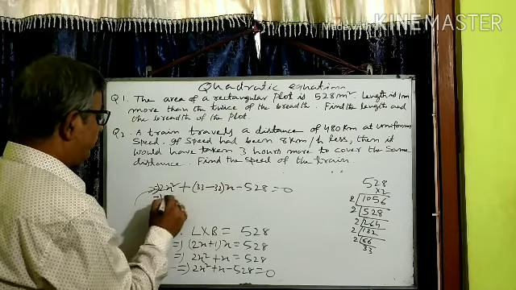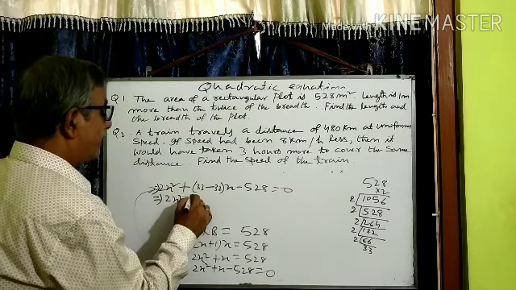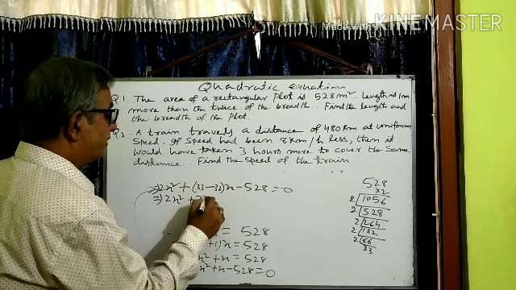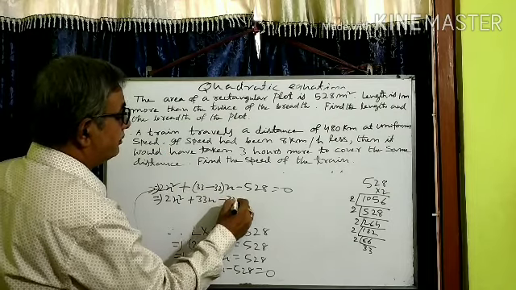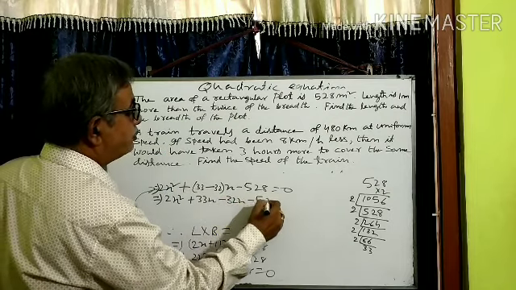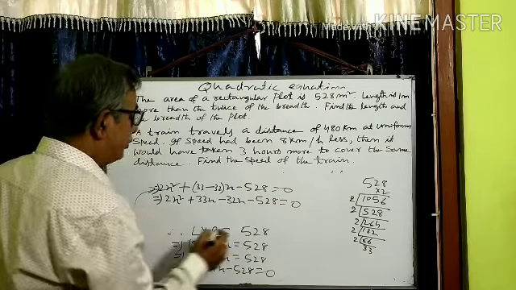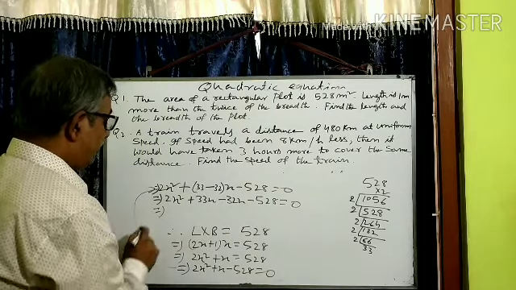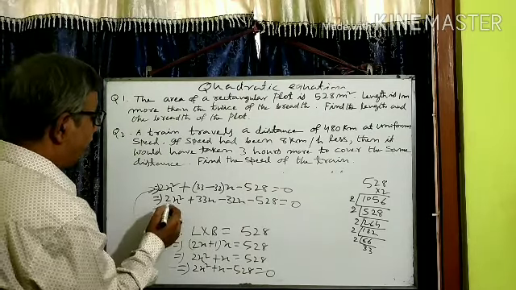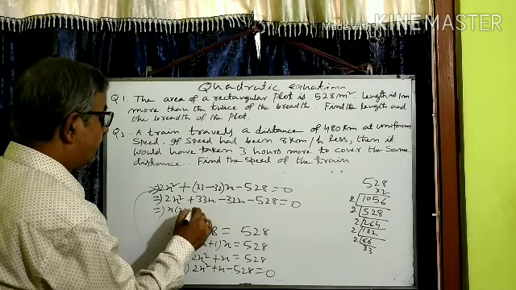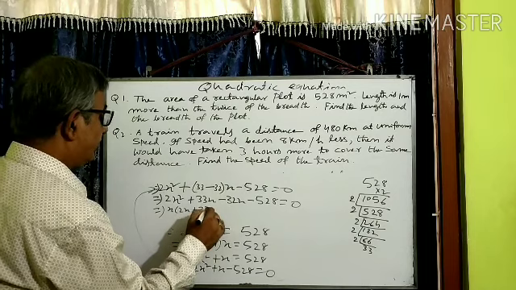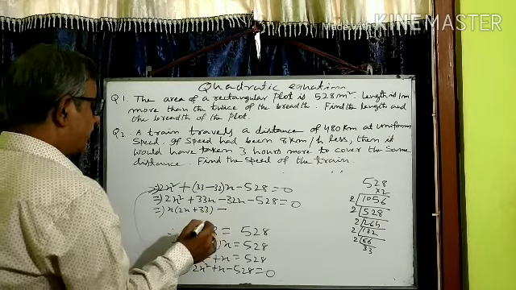Now you proceed: x square plus 33x minus 32x minus 528 is equal to 0, you are getting. Now you take common here. What can you take common? x. So x(2x plus 33). Here what can you take common?